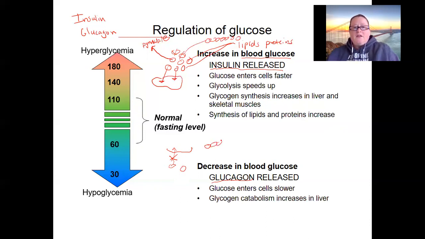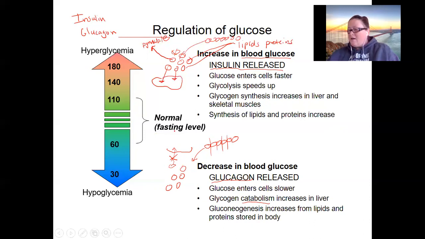Our glycogen starts to break down, which can free up some glucose. So the glucose from the glycogen is coming. So the breakdown of glycogen, the catabolism.